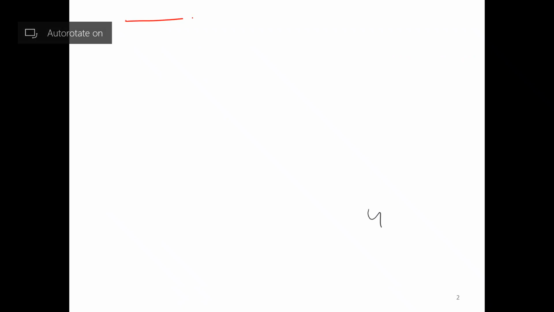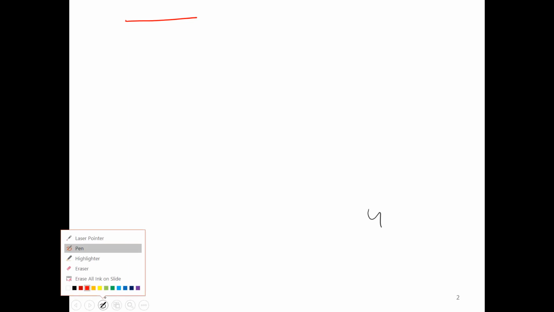So if I had a parallel plates case, now it doesn't want to. And I need to erase. Oh well.